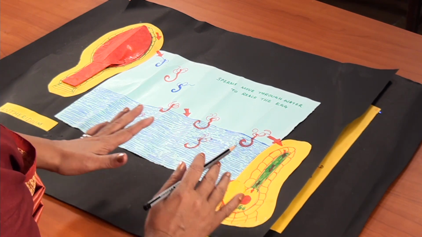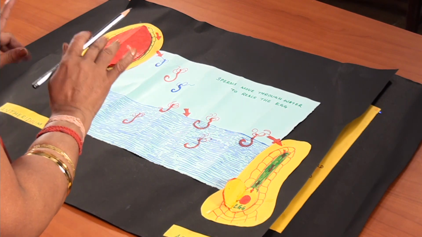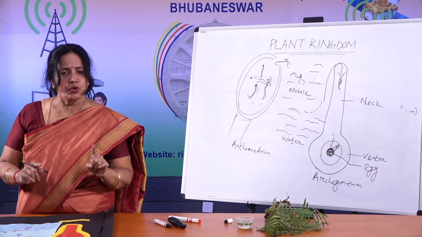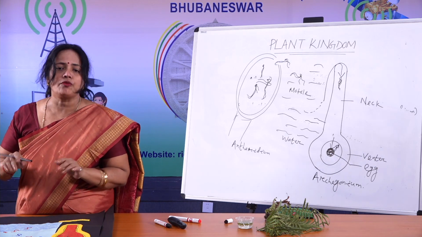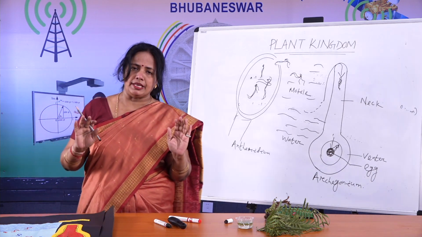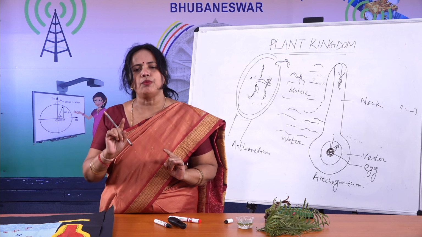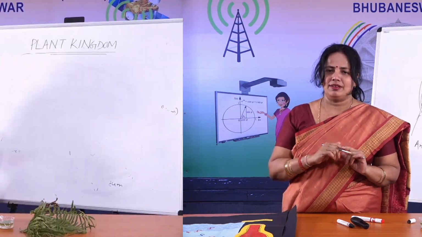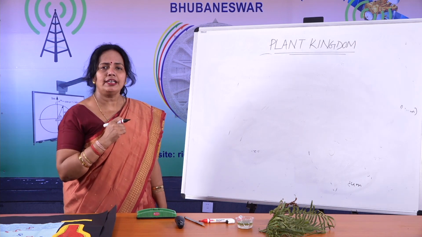So, you see there is need of water for fertilization to occur. Understood? They grow on land, but they need water for fertilization. So, their life cycle cannot be complete without water. Means they require both land and water for their survival. Hence, the bryophytes are called the amphibians of plant kingdom.